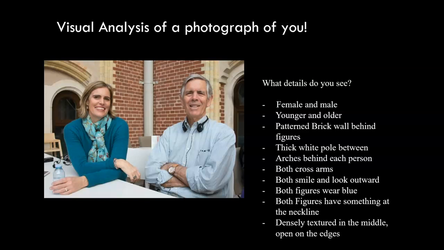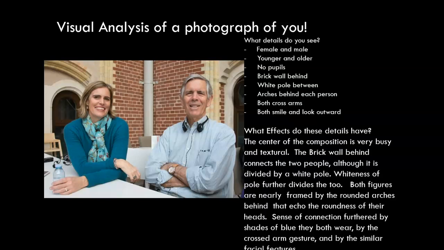Now, part 2 of the visual analysis, of course, asks us to determine what the effects are of these details, or what effects do these details have. Now, the center of the composition is very busy and textural. The brick wall behind connects the two figures, although it is divided by the white pole.